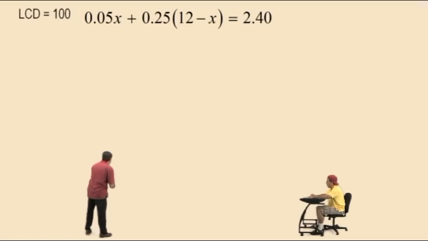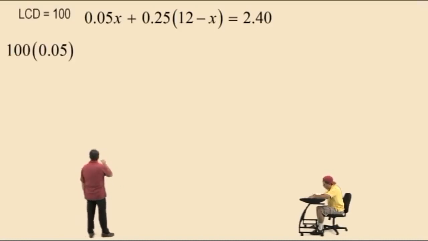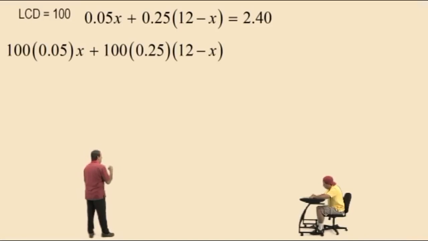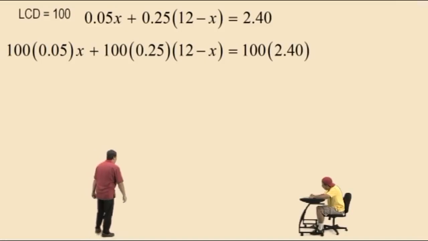You'll see. I'm going to go step by step here. The first thing we're going to do is multiply both sides of our equation by 100, which means each term gets multiplied by 100. So we have 100 times 0.05 times x plus 100 times 0.25 times the quantity 12 subtract x, and that equals 100 times 2.40.